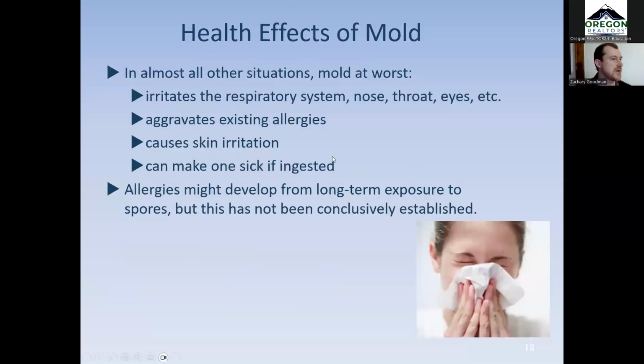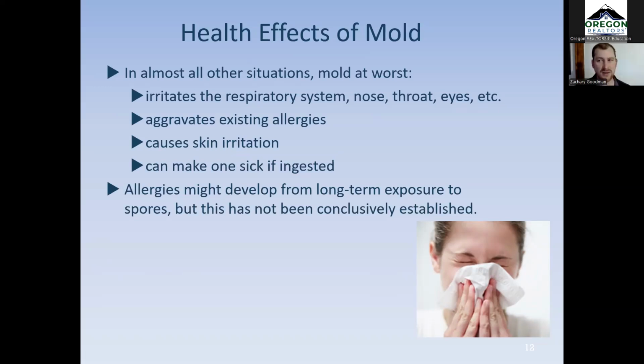Health effects, in almost all situations, mold at worst irritates the respiratory system, nose, throat, eyes, etc. It can aggravate existing allergies, cause skin irritation, and may make one sick if ingested.